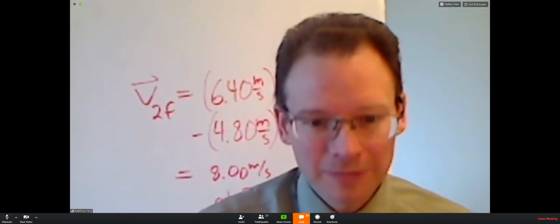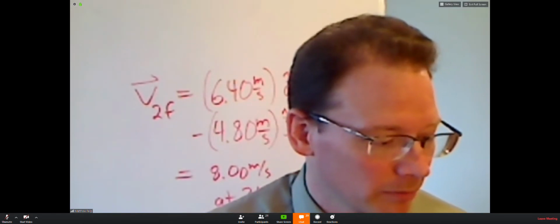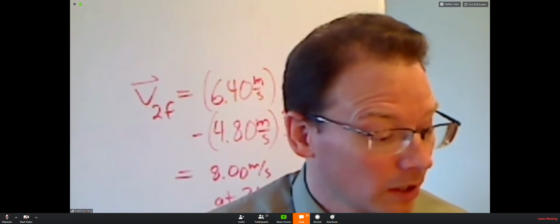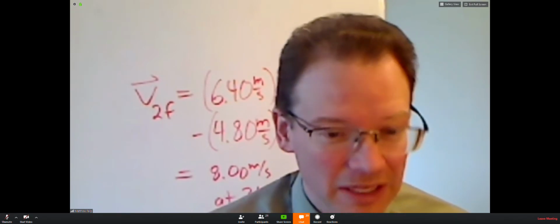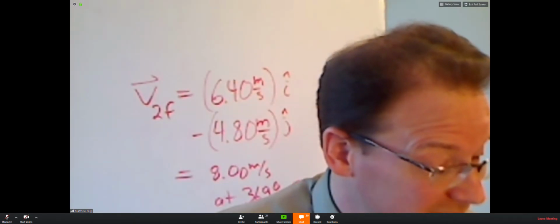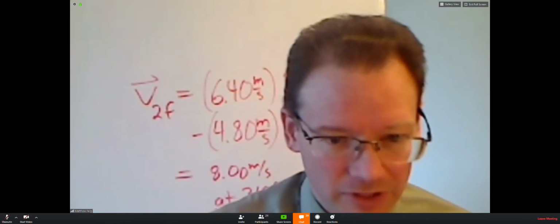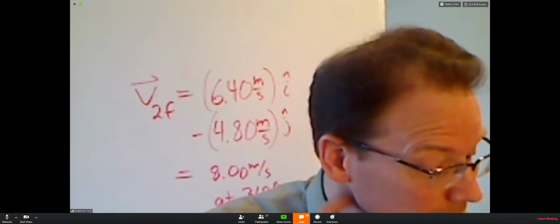Force versus time, that's very similar to the acceleration versus time graph. If you can draw the graph for part A, all you have to do is multiply by mass, and you'll get a very similar looking graph for part D. Did they give us a mass, 500 gram mass or half a kilogram?